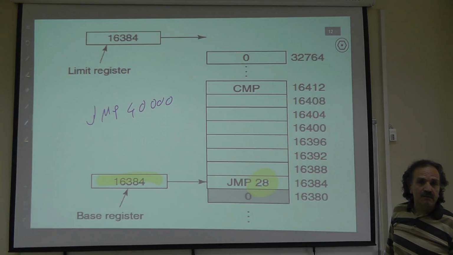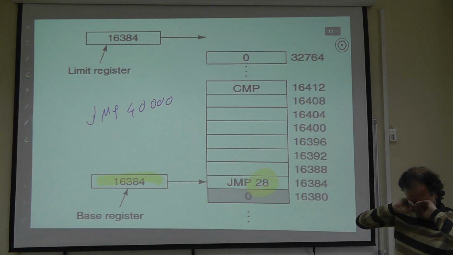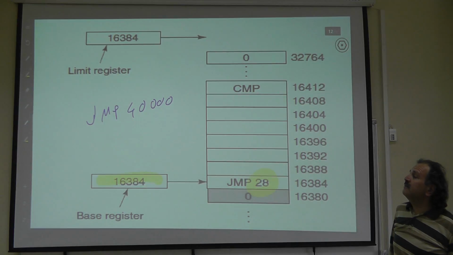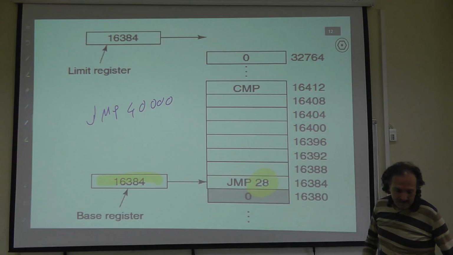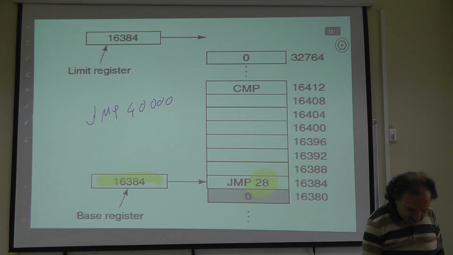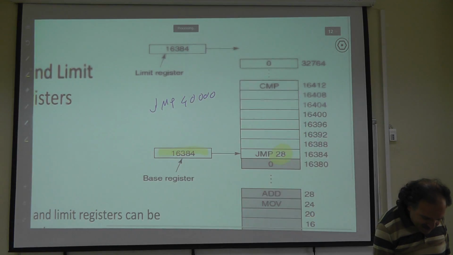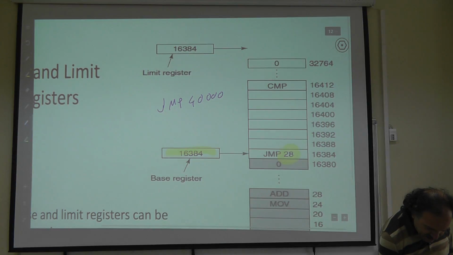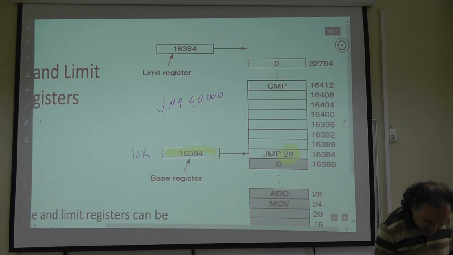Yes. Hocam, base register'da limit register neden aynı? They are not the same. But they look the same because this means that my process will start at position 16K, and you cannot address more than 16K of memory.